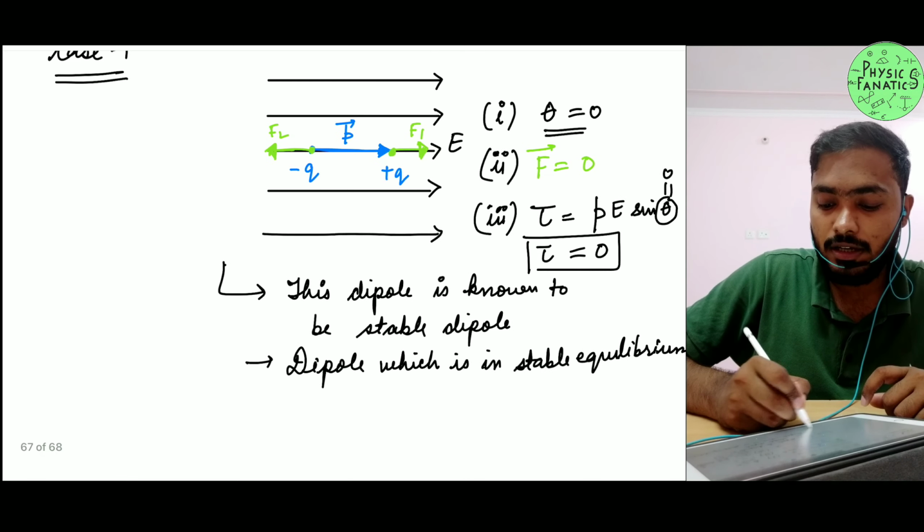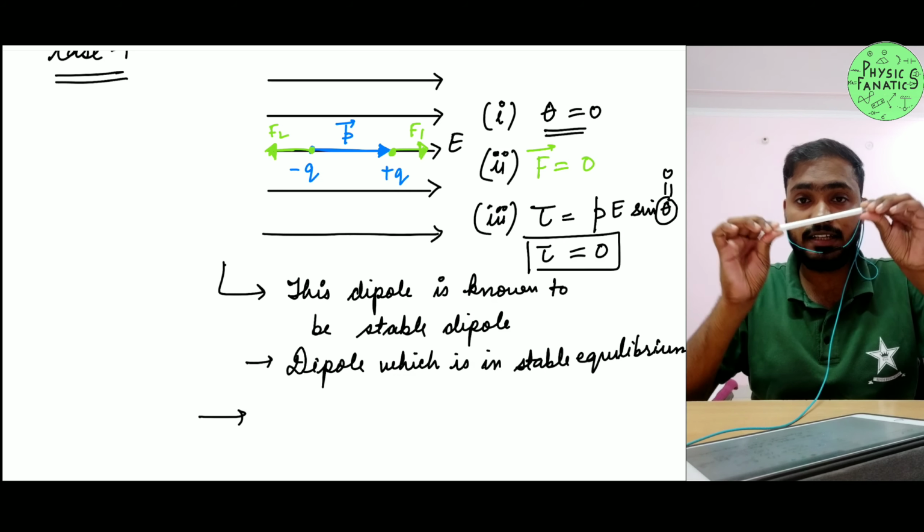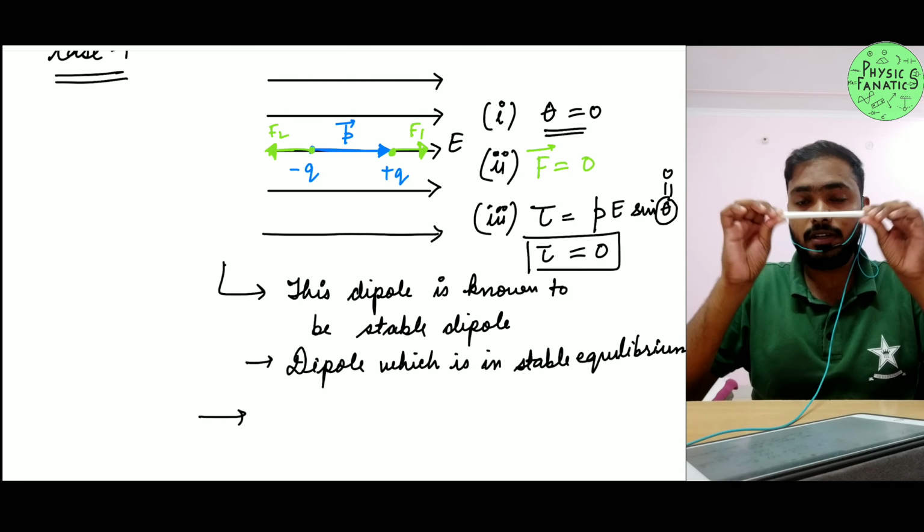For example, if you tilt your dipole, this time this is the stable equilibrium dipole. If you tilt it, it will start oscillating and it will come back after oscillating to its original position, right?